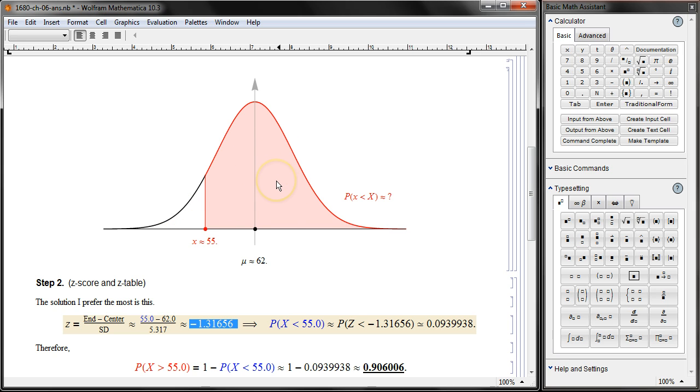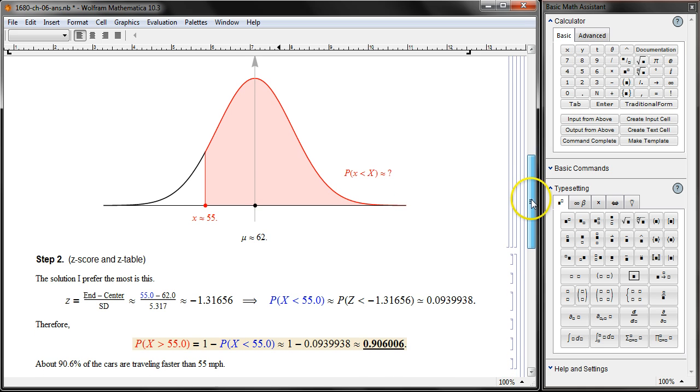You shade to the right. So what do we do? Subtract from 1, because the total probability is 1, and that's how you get this probability here. 1 minus 0.09 something, and we get 90.6, something like that. So 90.6% of the cars are traveling faster than 55 miles per hour.